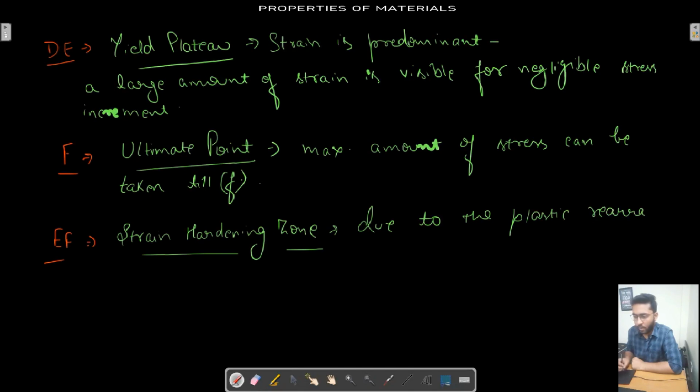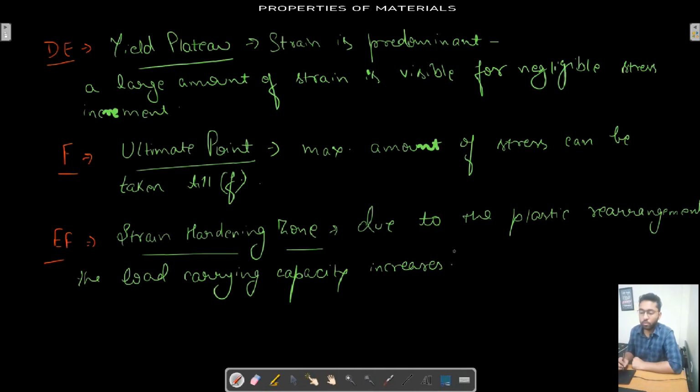Due to the plastic rearrangement, the load carrying capacity increases. Now the next point of concern is point G. It is the failure point. Okay, we call it the failure point.